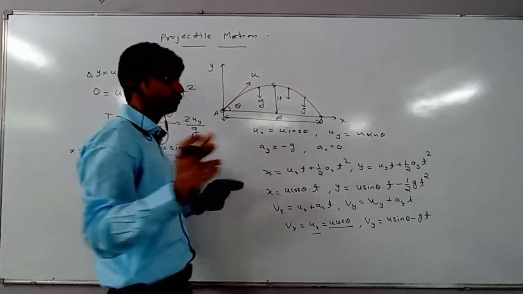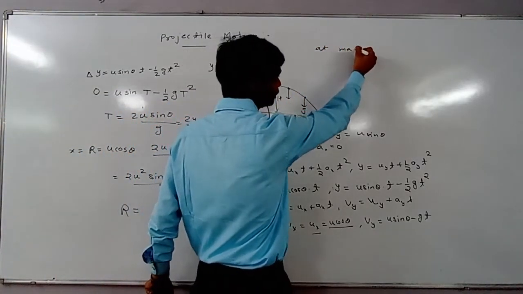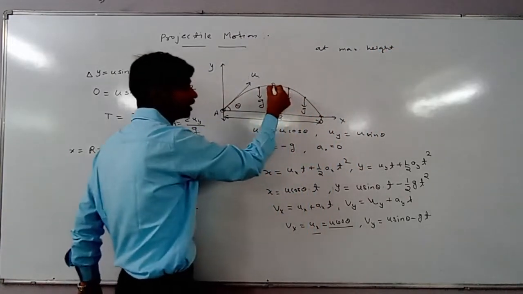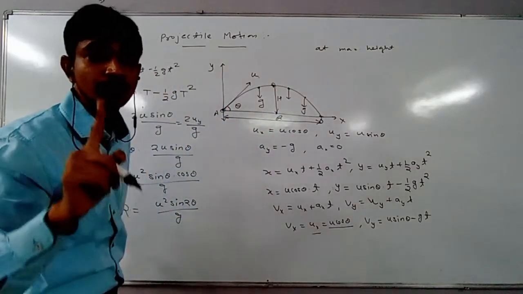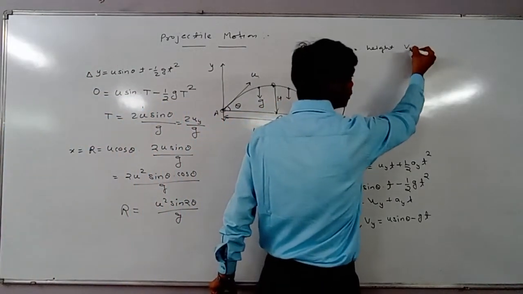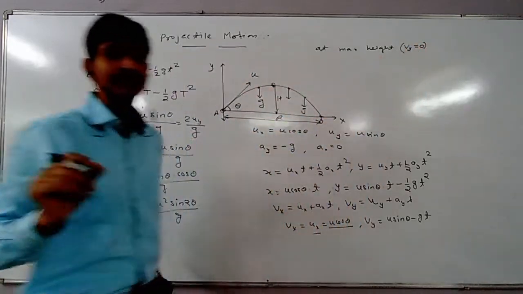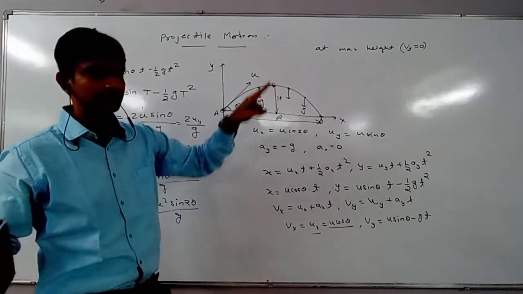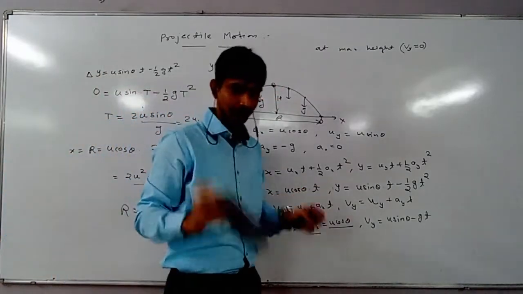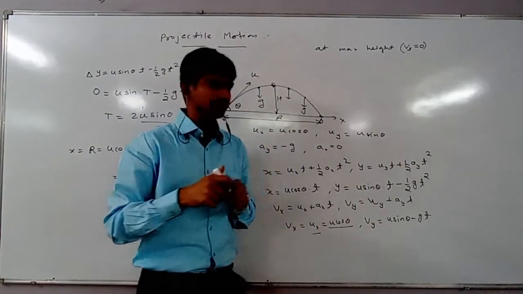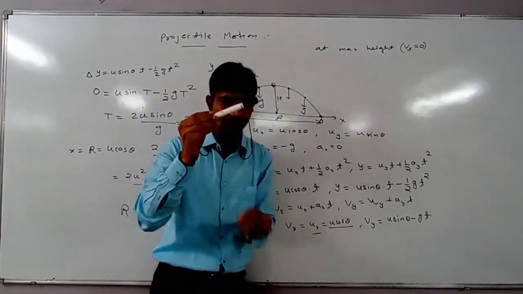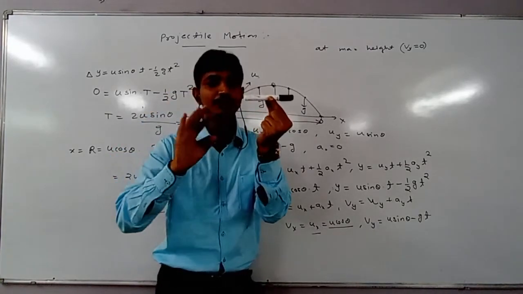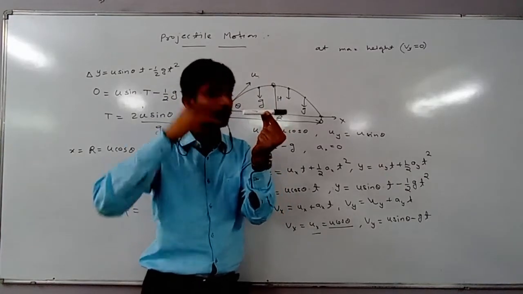So what you need to remember is, at maximum height, the vertical component of velocity becomes 0. This is the only thing that you need to remember. Let me explain this. Just suppose this marker is here. If it is moving upward, it means the maximum height is yet to come.